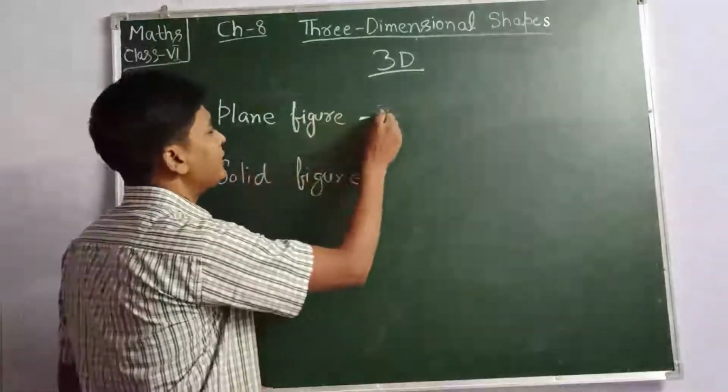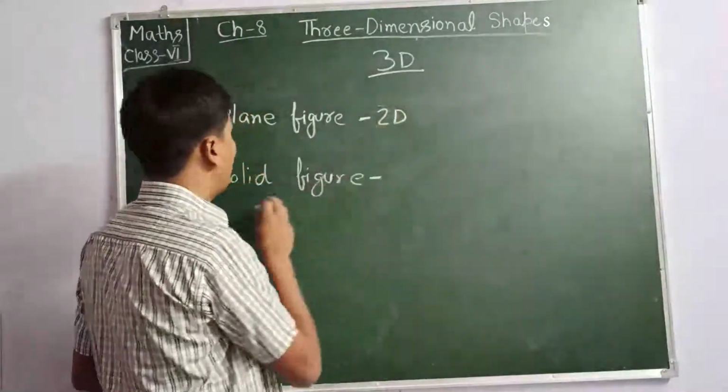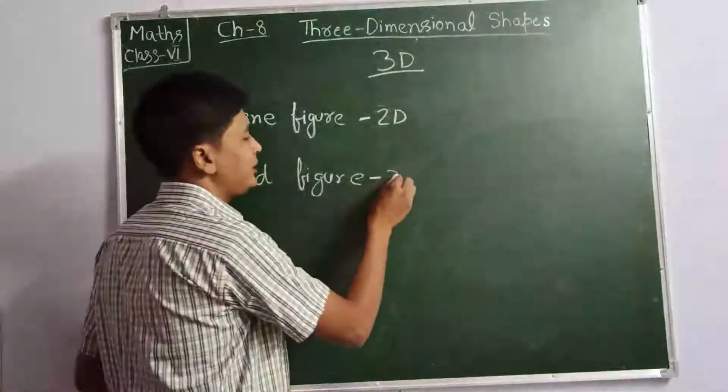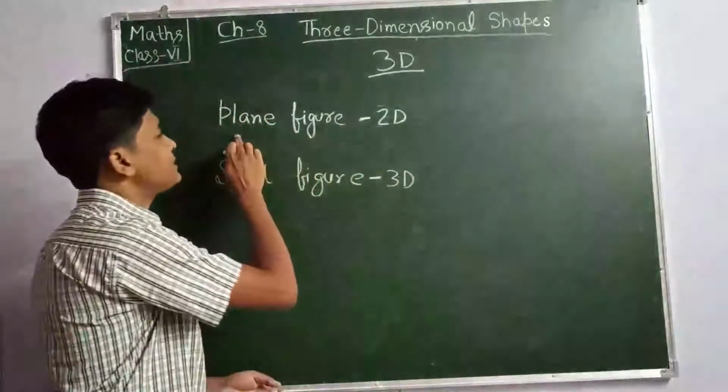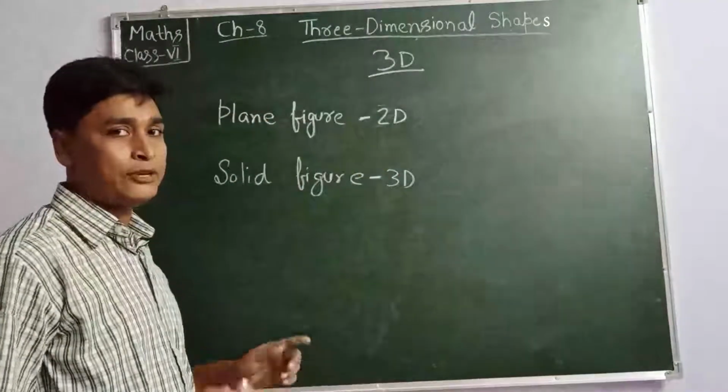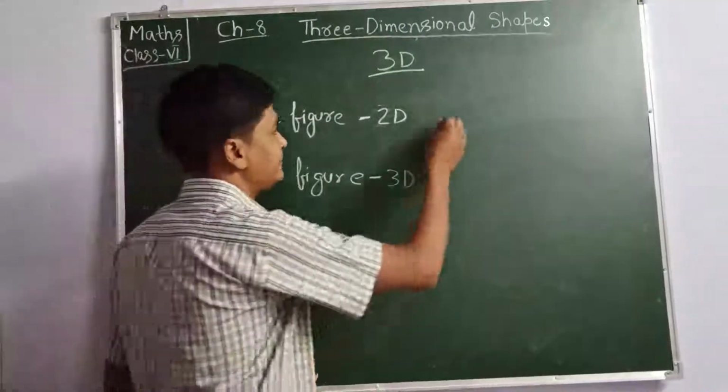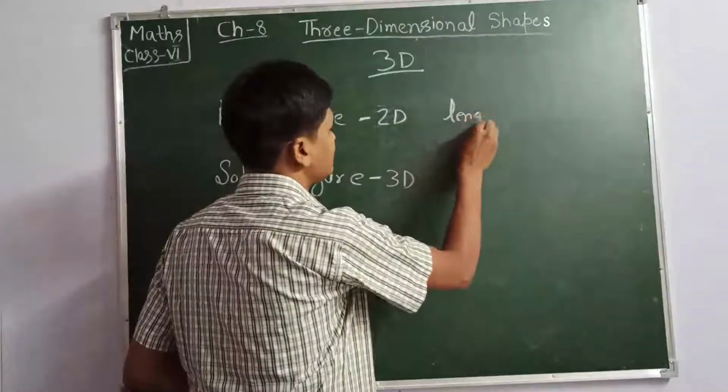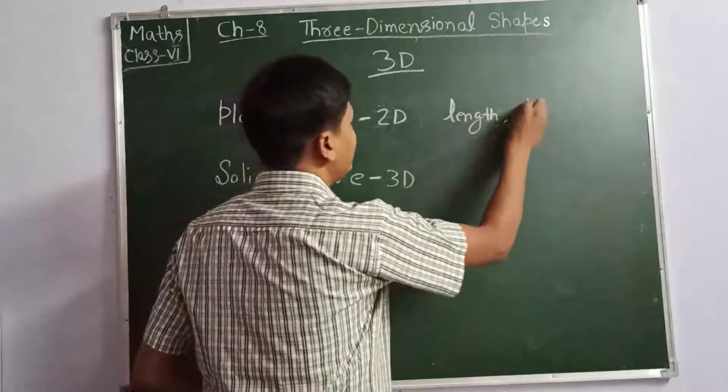A plane figure has 2 dimensions, while a solid figure has 3 dimensions. What are the 2 dimensions of a plane figure? Length and breadth.